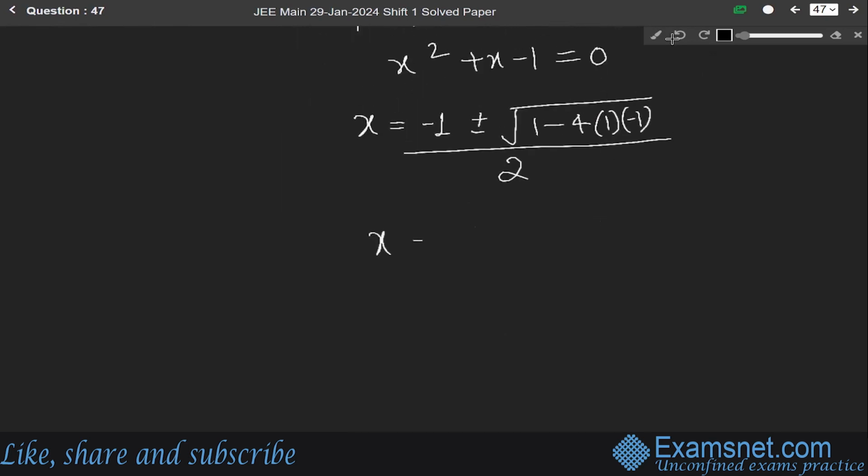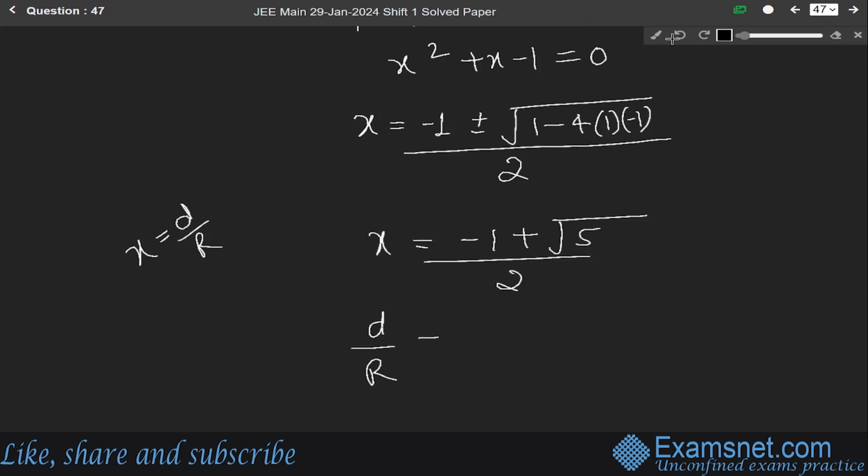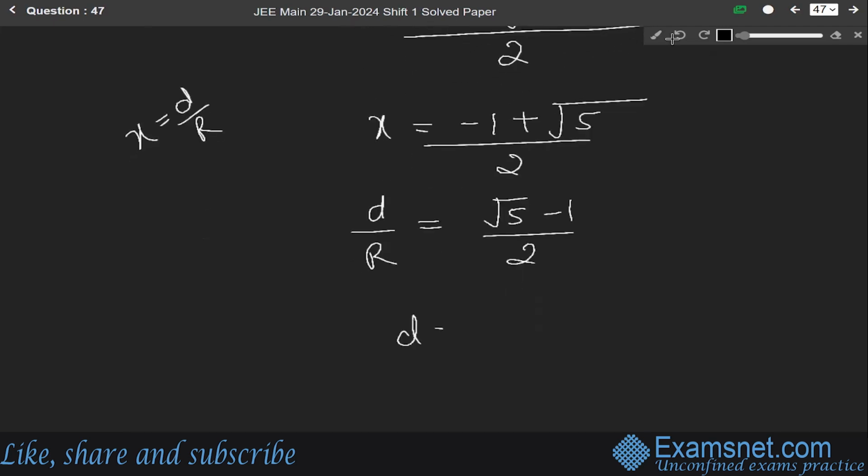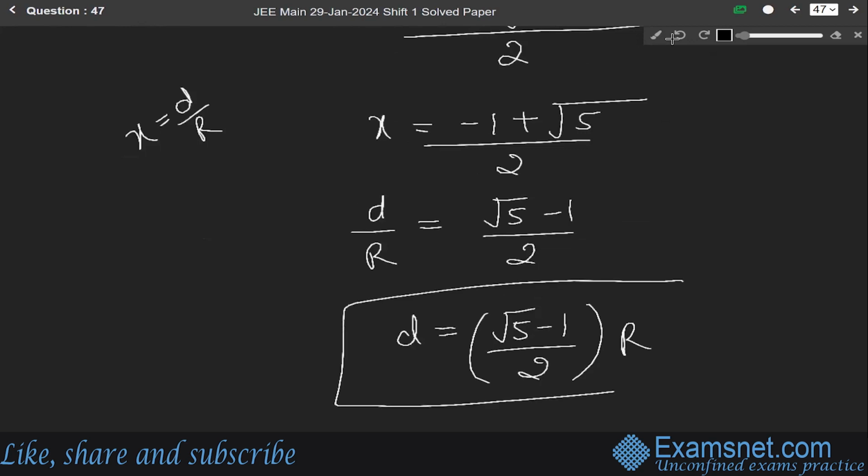So we get x equals minus 1 plus minus root 5, over 2. Since x is d over R, d over R is equal to (root 5 minus 1) by 2. So we get the distance d equals (root 5 minus 1) over 2 into R. This is our final answer.